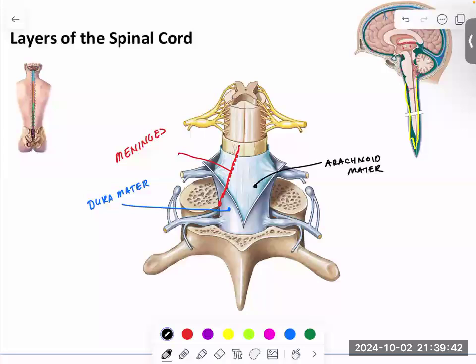And the really thin layer, the pia mater. That means that this region is where the spinal cord is. So the outer layers, the meninges, protect the spinal cord, as do the vertebrae.